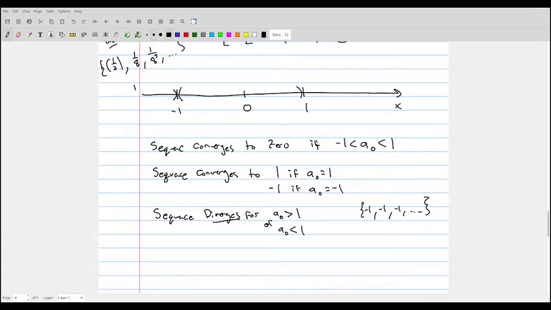And so it diverges for any of these initial conditions. The limit is equal to 1 for this value right here. Diverges. The limit is equal to 1. Oops, the limit here should be -1. And the limit's equal to 0 for any a_0 value in here, the initial condition.